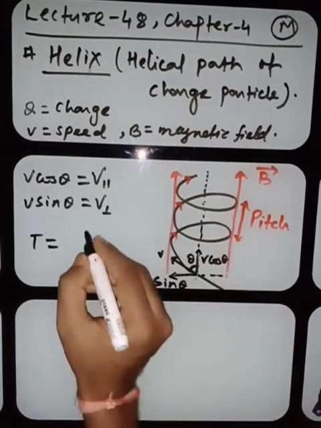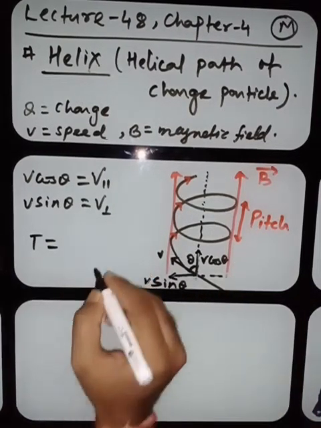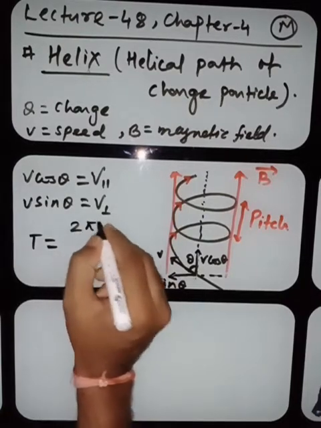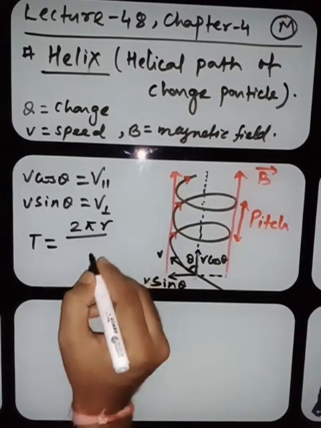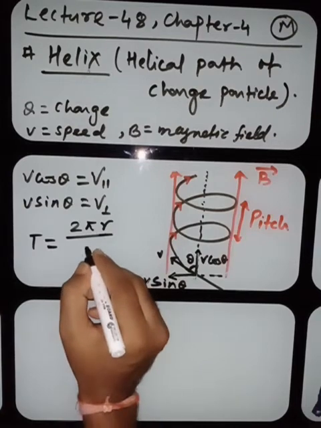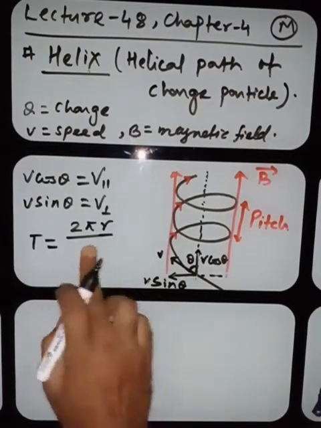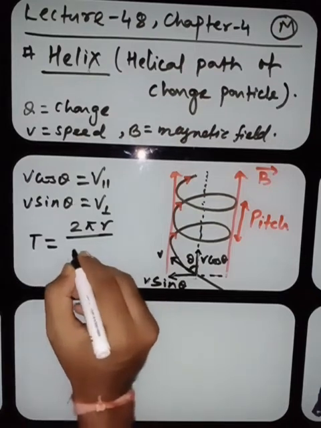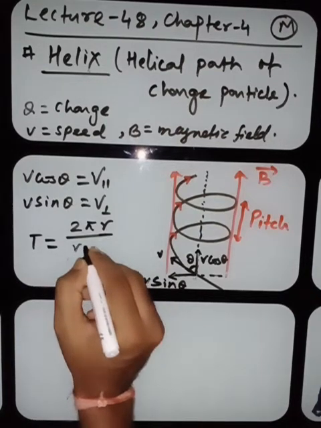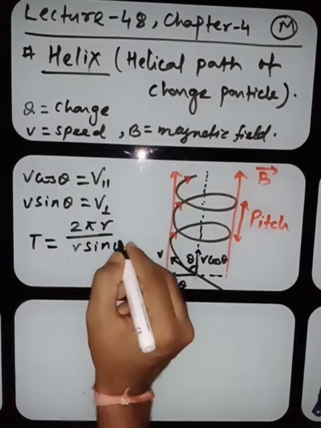So we can write the total distance traveled, 2 pi r, divided by speed, and the speed is v. But with which speed is it moving on the circular track? It is v sine theta.